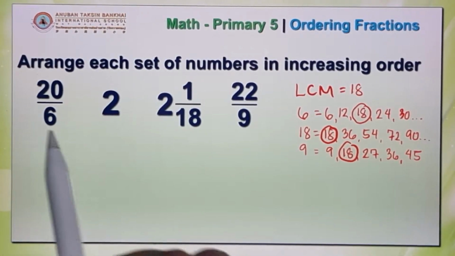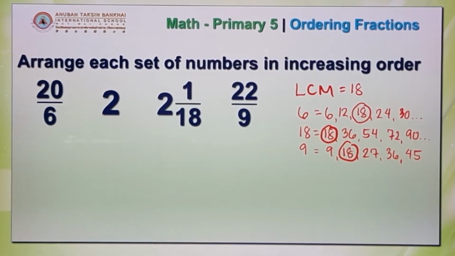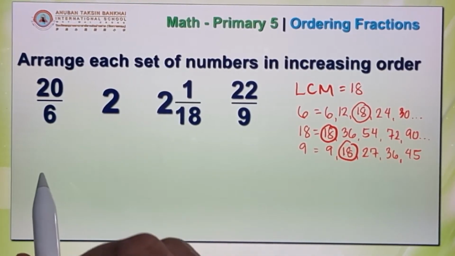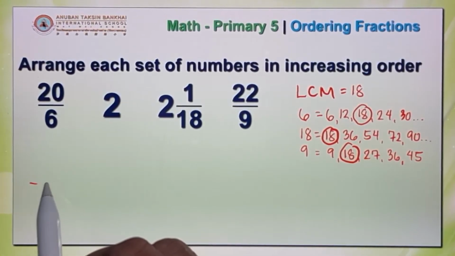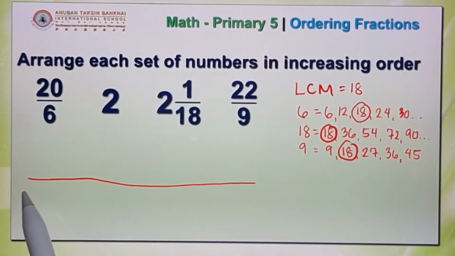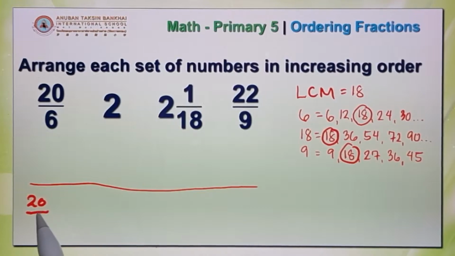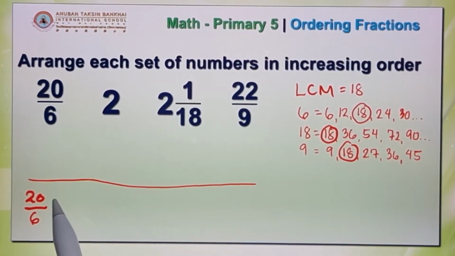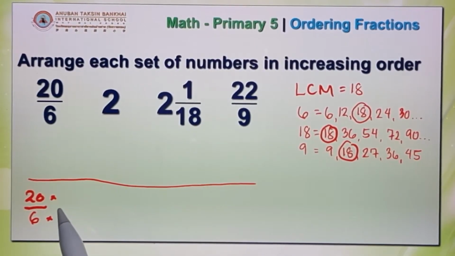Okay, so now let's try to solve and change the following fractions. Let's write a line here below. Now we have 20 over 6. We multiply this by what number to make it 18?